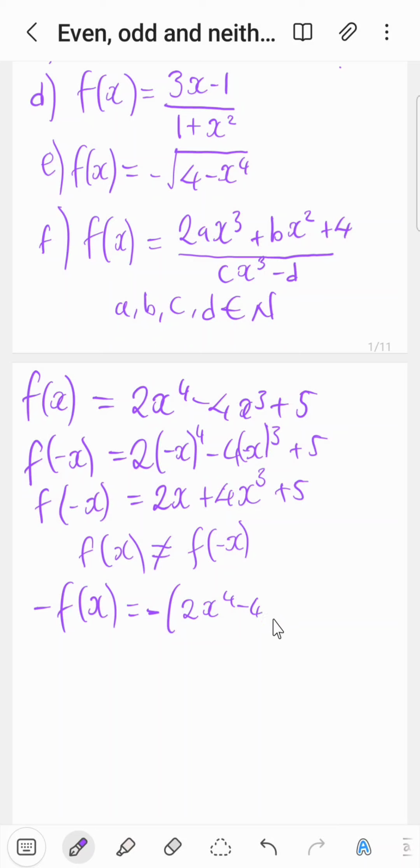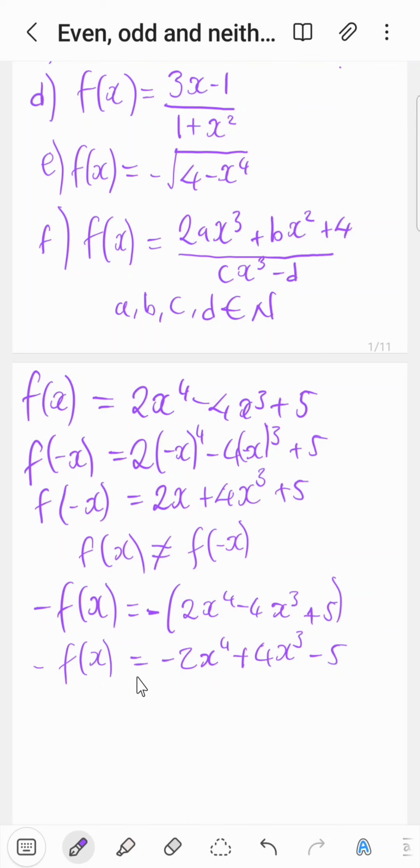So we have negative 2x to the power 4, positive 4x to the power 3, and minus 5.